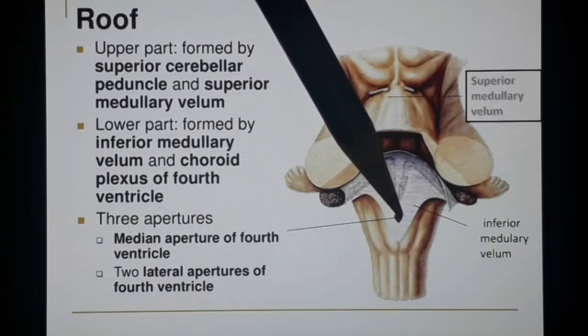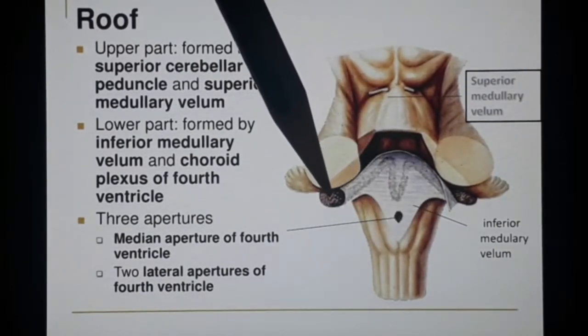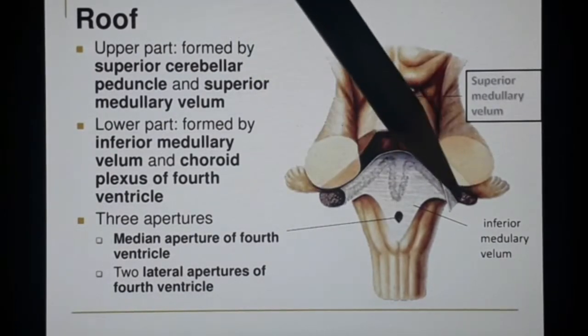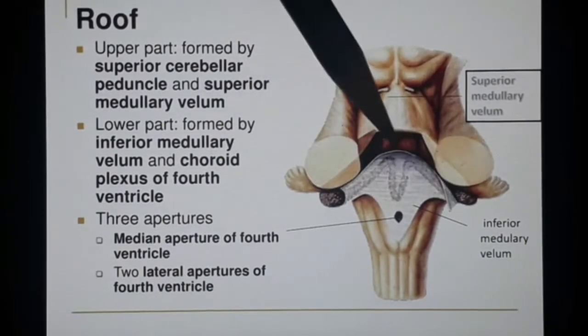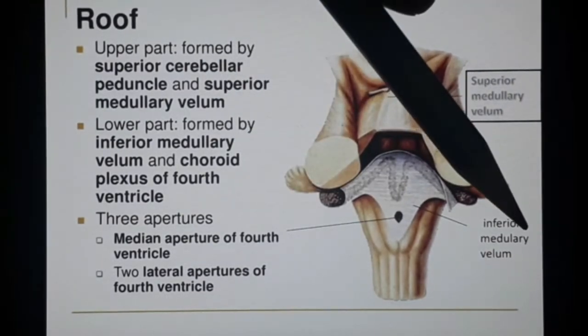This median aperture is also known as the foramen of Magendie. This foramen will make the fourth ventricle communicate with the subarachnoid space. In the same way, the two lateral apertures will also make the fourth ventricle communicate with the subarachnoid space.